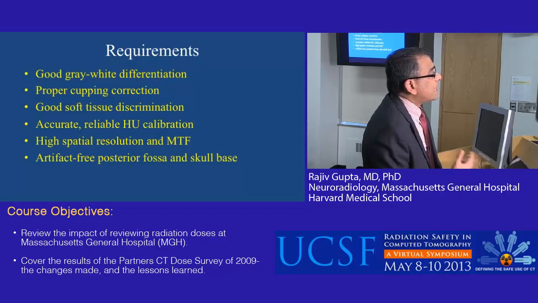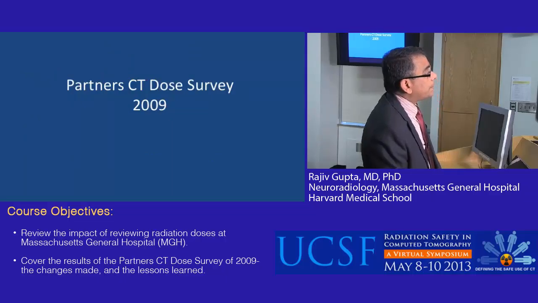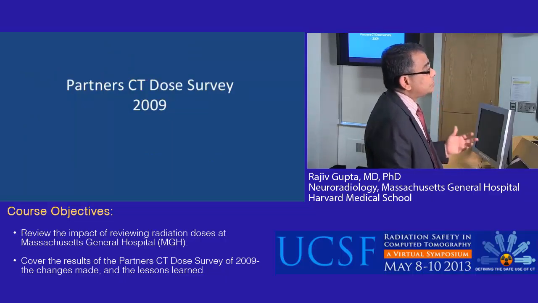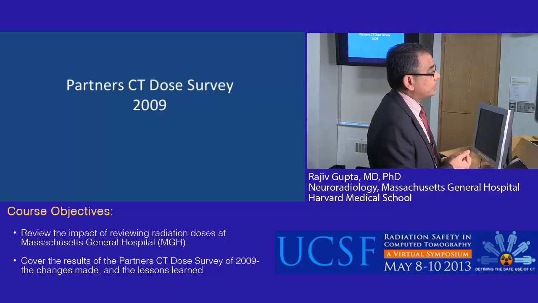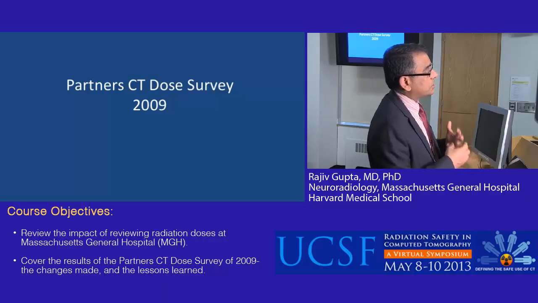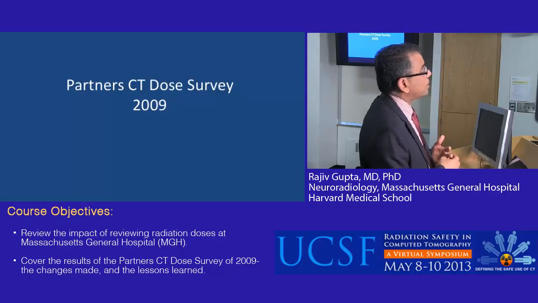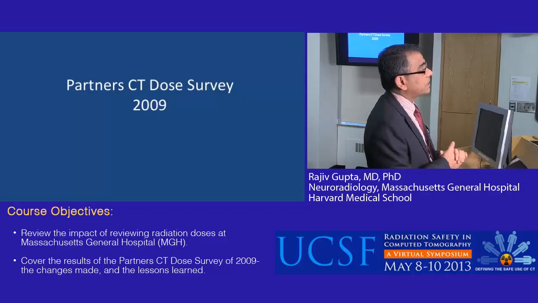And so we can understand why there is a desire to have very high quality images, and the easiest way of doing that is to increase the dose on the scan. In order to keep these two things in balance, to have dose as low as possible while at the same time having the image quality required to make the diagnosis, we conducted a dose survey across the partners institutions.